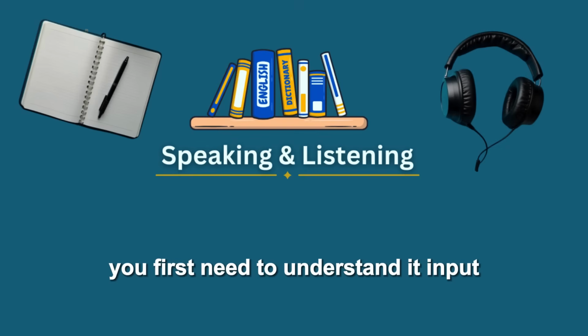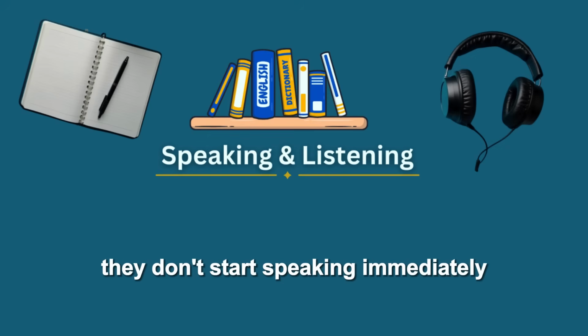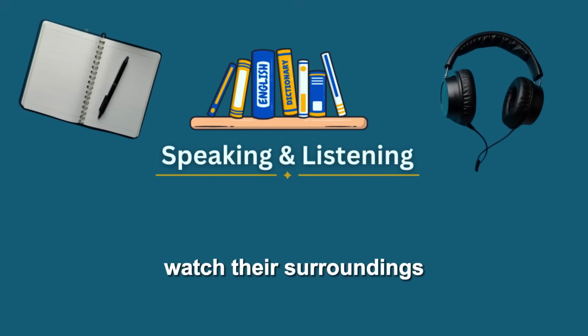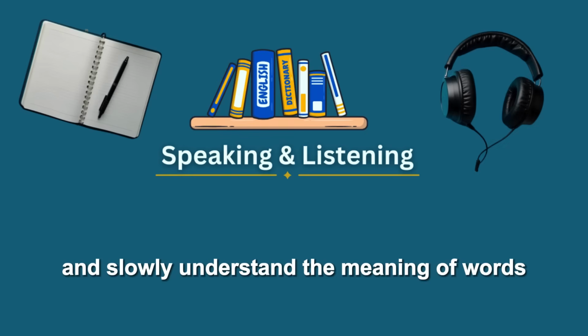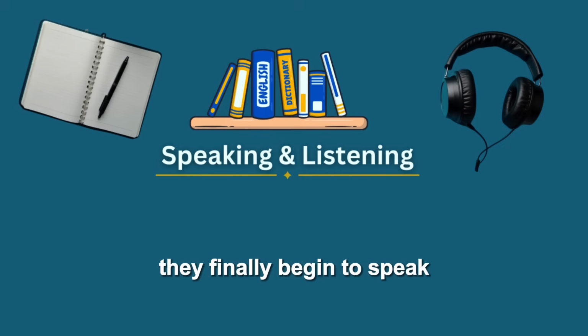Think about how babies learn their first language. They don't start speaking immediately. First, they listen to their parents, watch their surroundings, and slowly understand the meaning of words. Then, after months or even years of listening, they finally begin to speak.